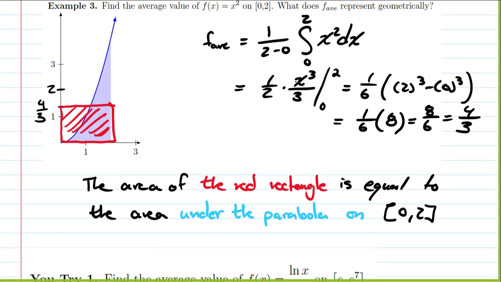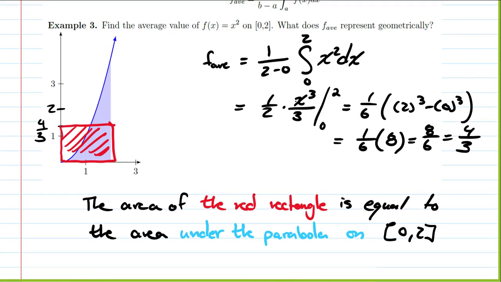Well, coming back to our picture, this picture from example 2 hints at what we're talking about. So the c is this. It says there exists an input in the domain such that the height, or f average, there exists an input where the function is equal to the average value, right?